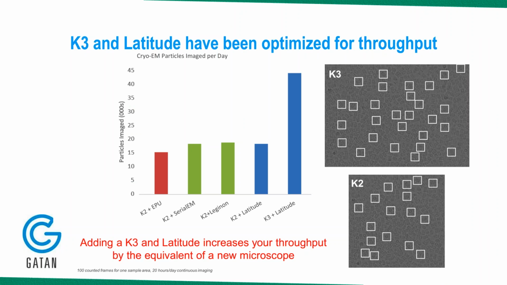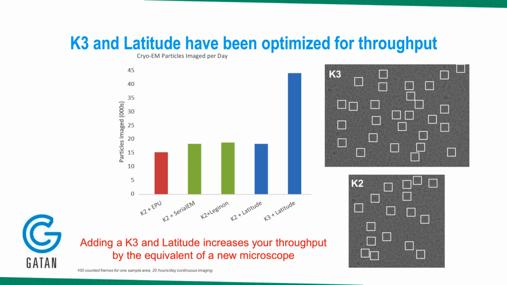So while you're taking frames a lot faster, you also don't need to take as many to get to your particle counts that you need to, which allows you to really increase the throughput, which is why the K2 puts out such a much higher raw number. And Gatan here is saying that adding the K3, you can actually almost double your throughput. So that's quite impressive. But where do we put all that? How do we handle all this new data streaming off of these K3s in real time? Terabytes and terabytes per day.